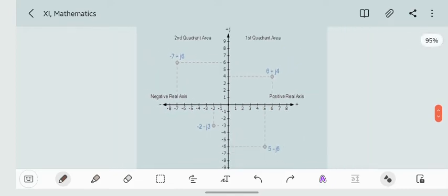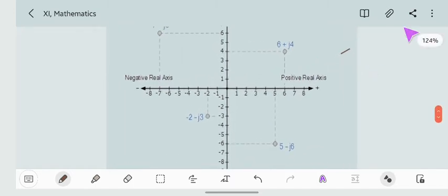Looking at this particular figure very carefully, this particular point gives you 6, J4. You can write 6 plus J4 or i4, both are correct.